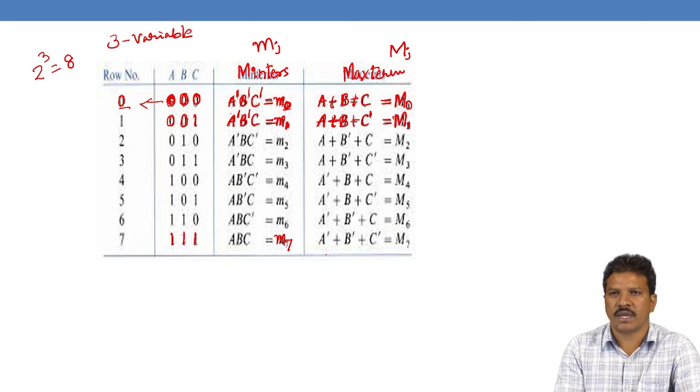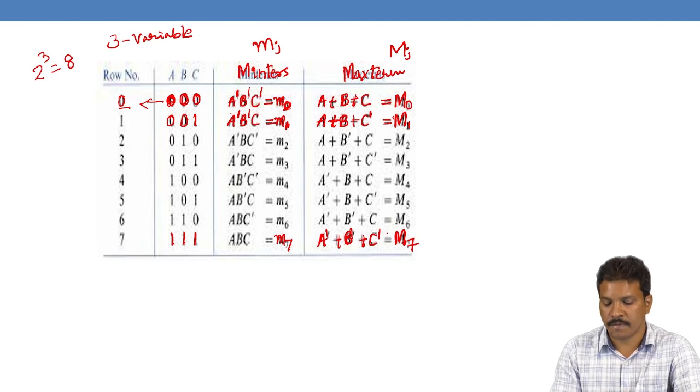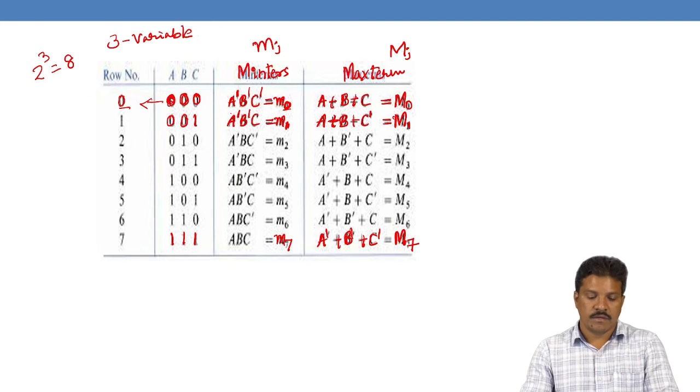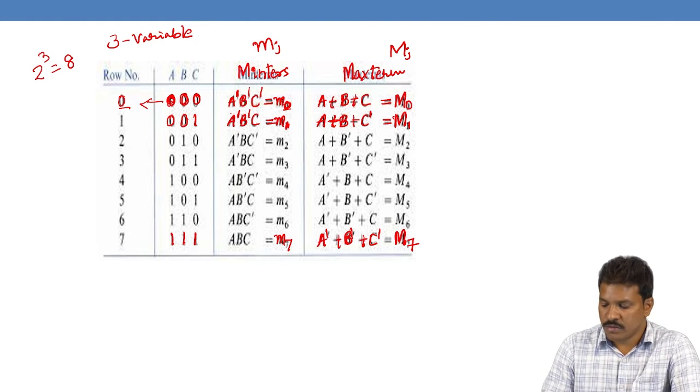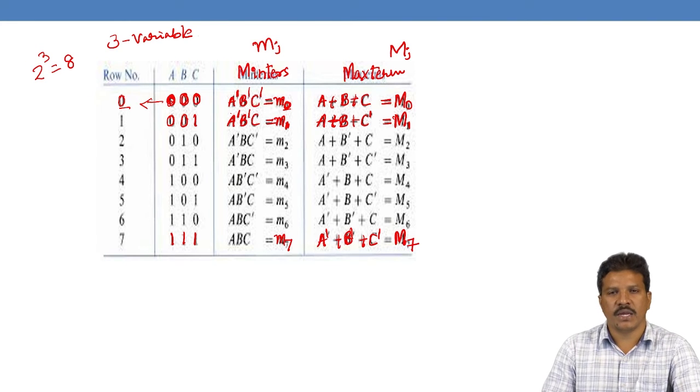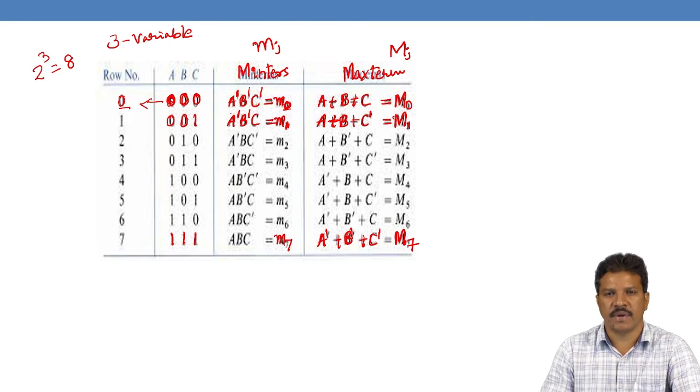Likewise, we can represent this entire table for M2, M3, M4, M5, capital M6, capital M7, up to A dash plus B dash plus C dash. So in this, any variable can be represented in terms of min terms and max terms.